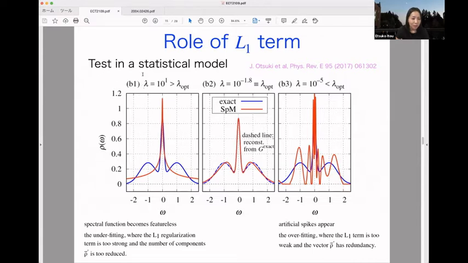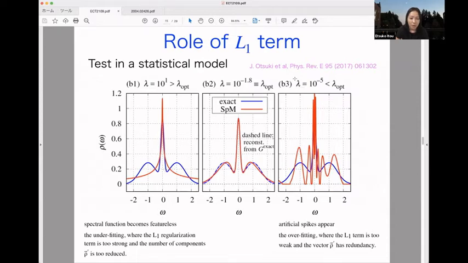If we take a large value of lambda, the L1 regularization term, then as a result of the sparse modeling analysis the red curve becomes featureless. This corresponds to underfitting, where the L1 regularization term is too strong and the number of components of the rho prime vector is too reduced.